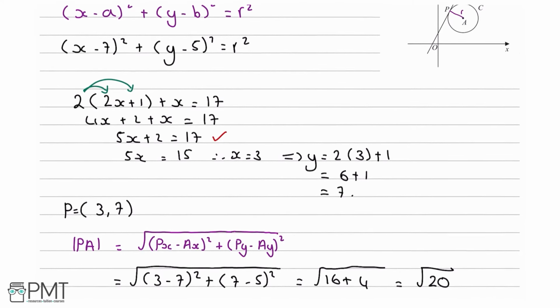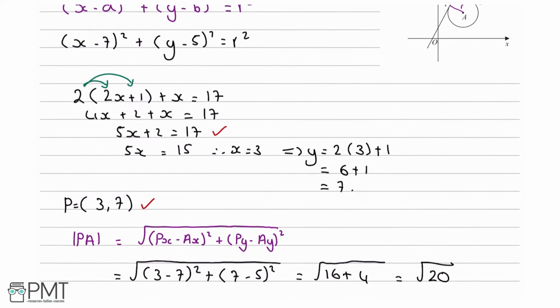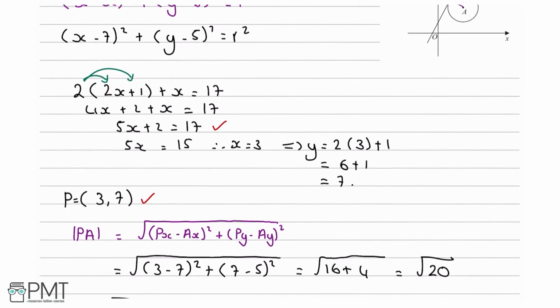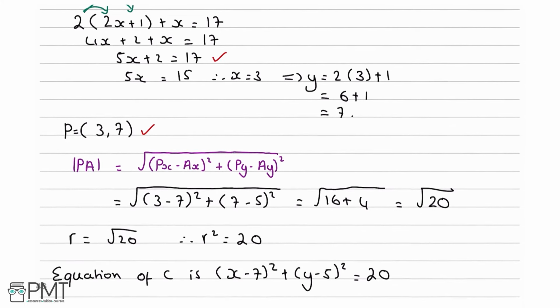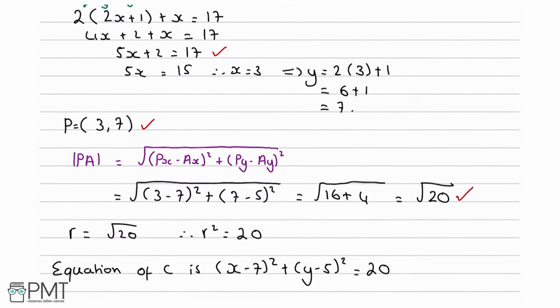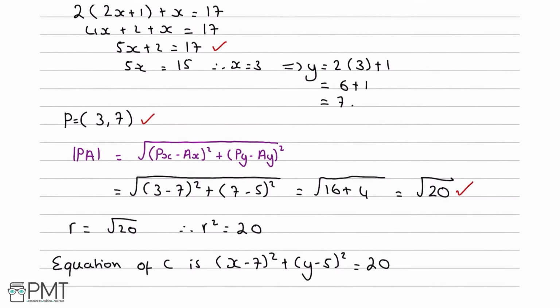Your second mark comes from getting P equals (3, 7). Your third mark comes from understanding you need to find the length of PA and getting root 20 as your answer. And your fourth mark comes from getting the full equation of C, so plugging in the point A as well as your radius, so that's your fourth mark there.